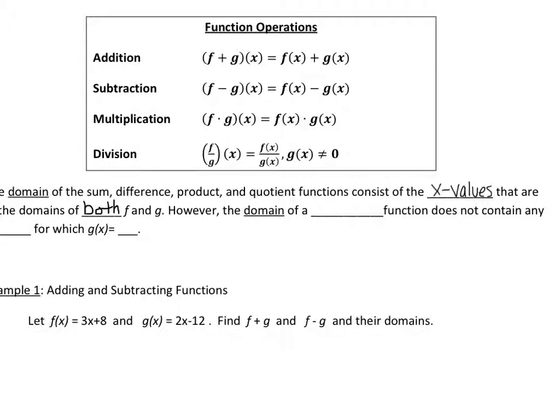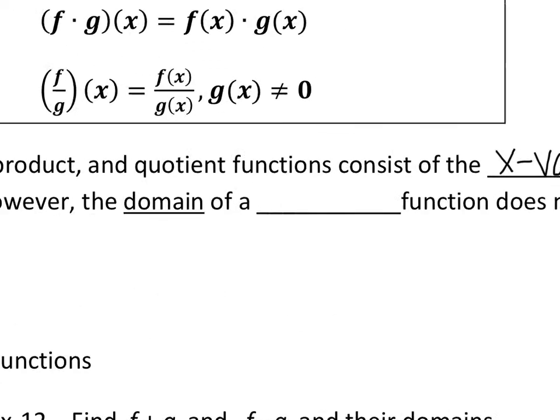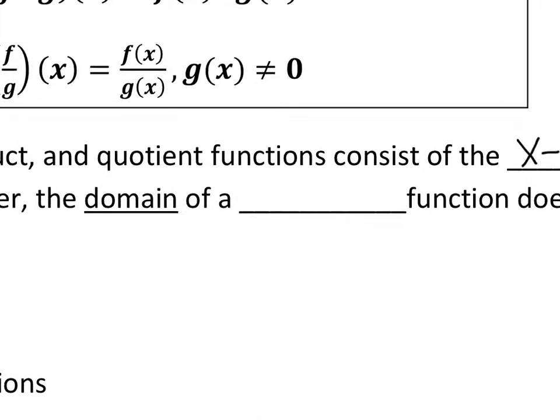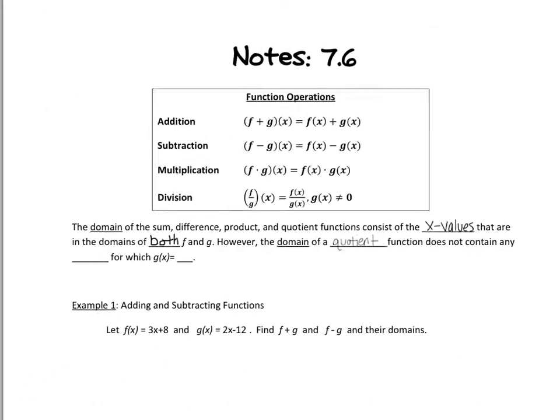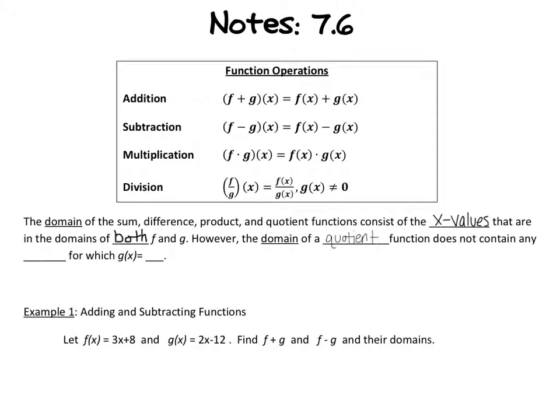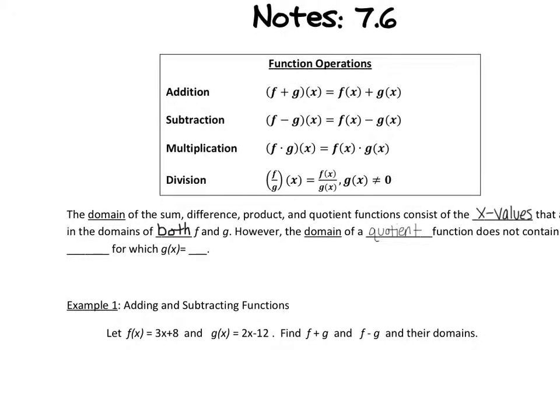However, of course, for the quotient one, it's a little more complicated. The domain of a quotient function cannot include whatever would make the denominator equal 0. So it does not contain any x value for which g of x equals 0, because g of x is the denominator.